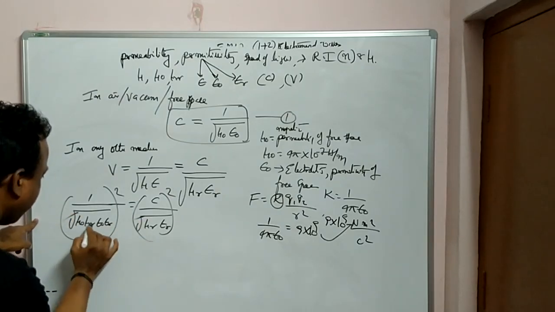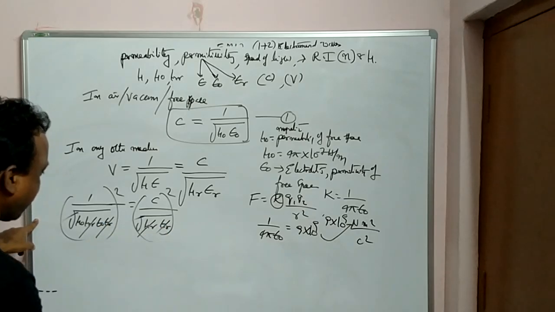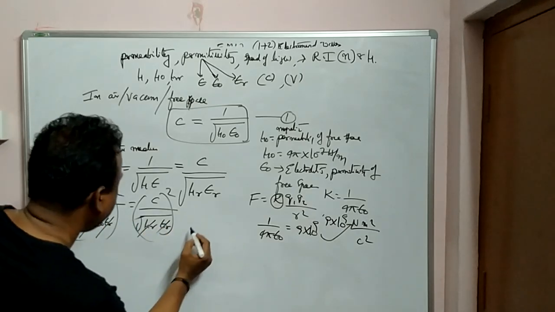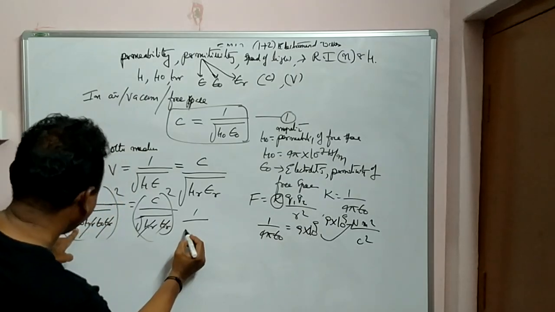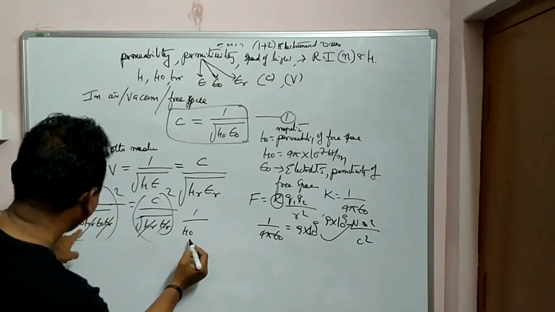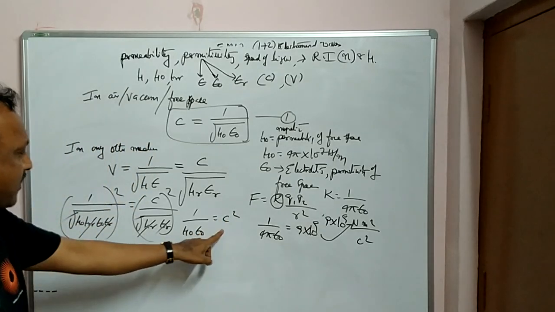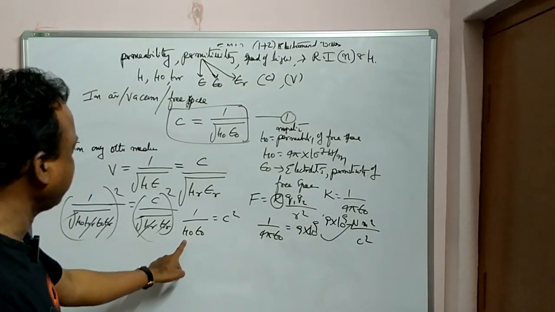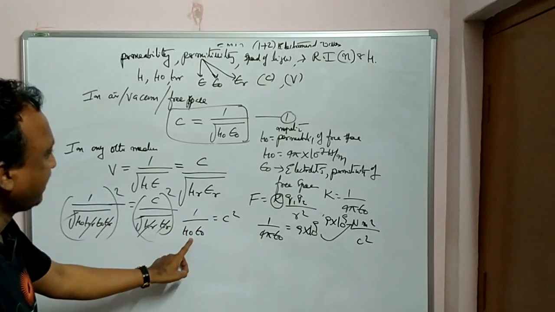When it goes away, what cancels? Mu r epsilon r cancel. What is left over here? 1 by mu naught epsilon naught is equal to c square. From this, what is c? Root over this thing. What is c? Root over this thing.